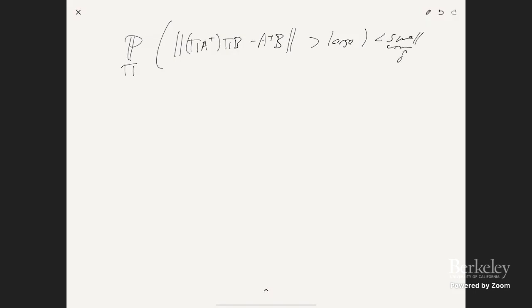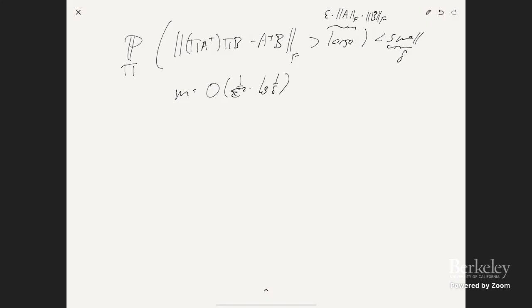Let's say small means delta, large means something like epsilon times the norm of A times the norm of B. And people have studied it also with other norms like operator norm. But you can show that if you just basically pick pi to be a random projection matrix, like a JL matrix, you'll get this kind of guarantee. And you can basically pick M to be something like 1 over epsilon squared times log of 1 over delta. Okay, that's your target dimension.